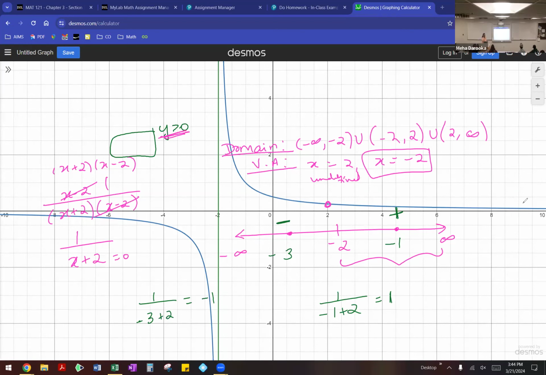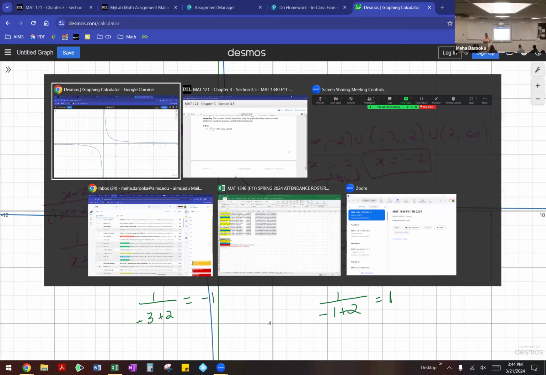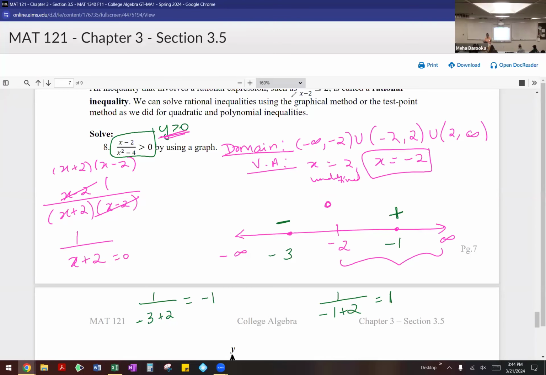Or do we need to modify it? The answer is right in front of you. I just want to see if you're able to identify it and write it down. What is our solution set with this inequality?